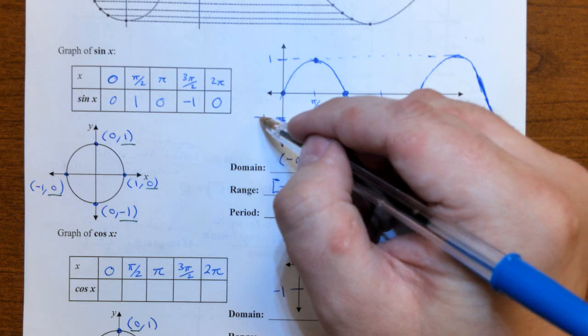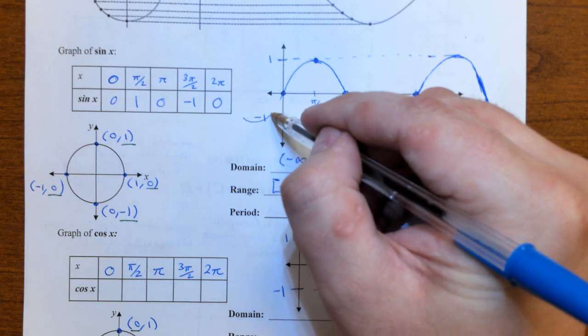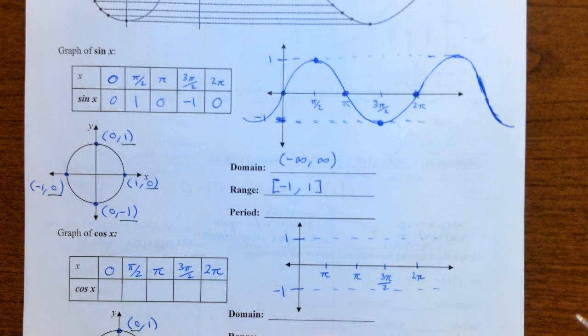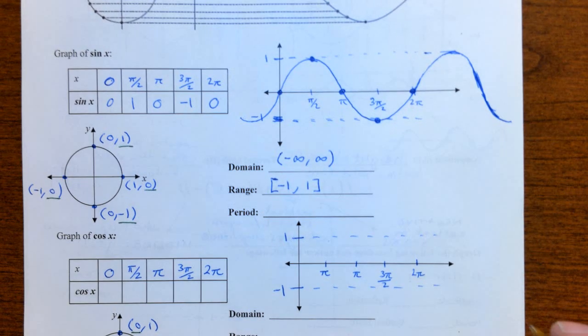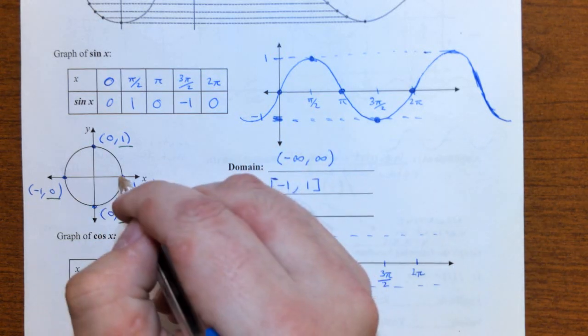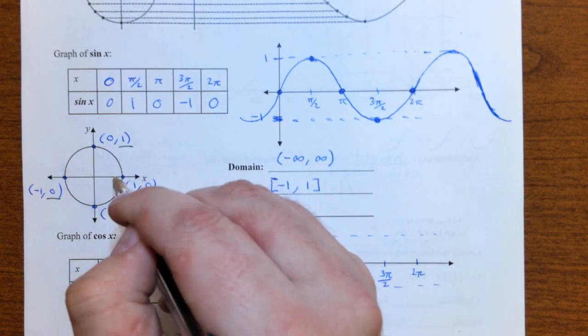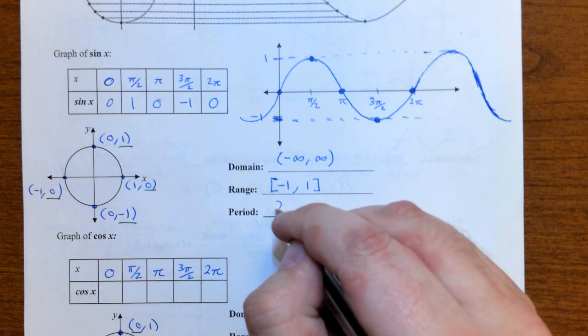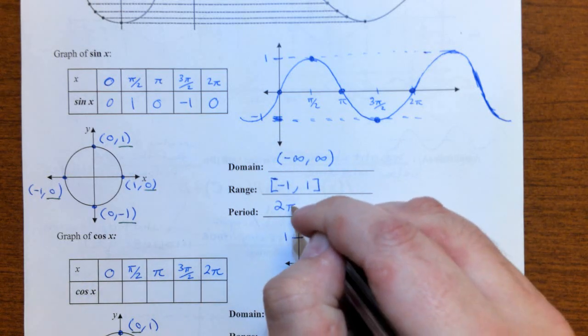Similarly, if I went in the negative direction, I would see the same thing. Just keep going through the same values. So this is a periodic function. Its period, well, that corresponds to going once around my unit circle. So the period of sine is 2 pi.